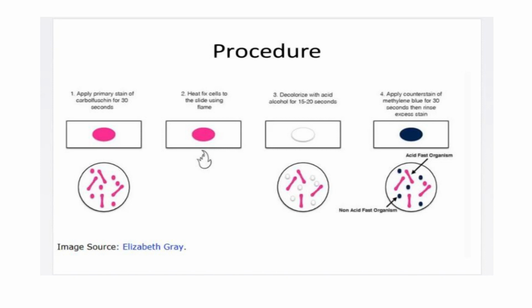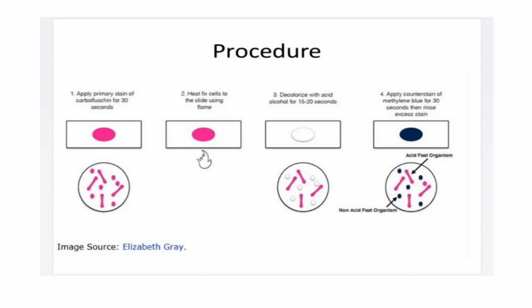The third step is to decolorize, and for the non-acid-fast bacteria the color will be removed in this step. The fourth step is to put on the counter stain, methylene blue, for 30 seconds. This time depends on the manufacturer of that particular stain.